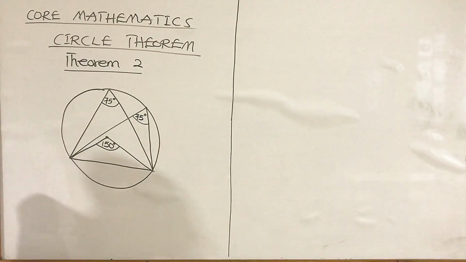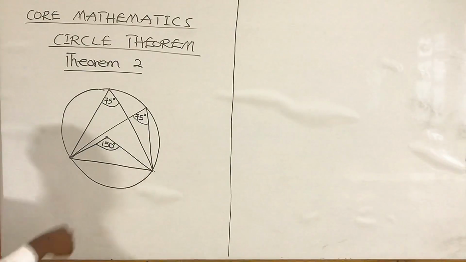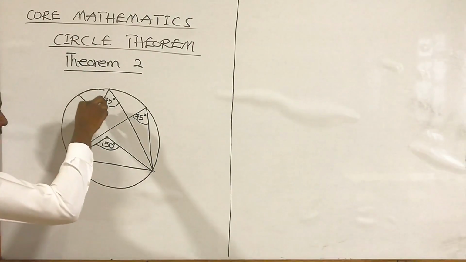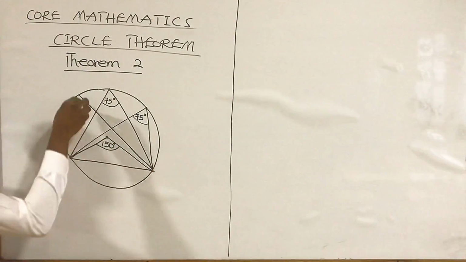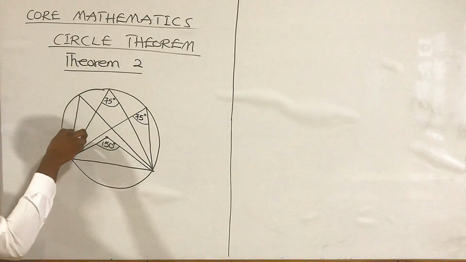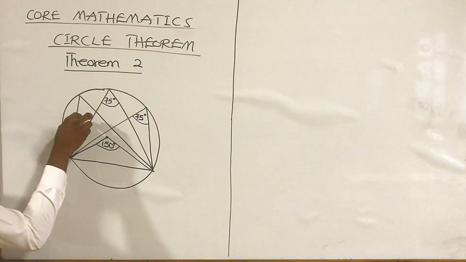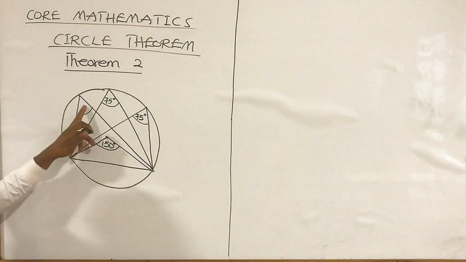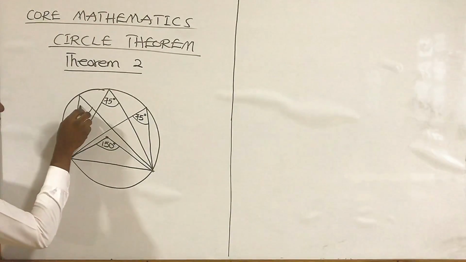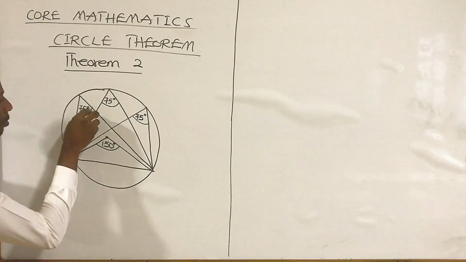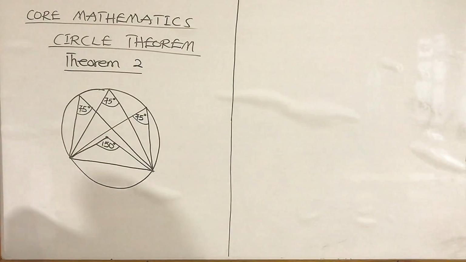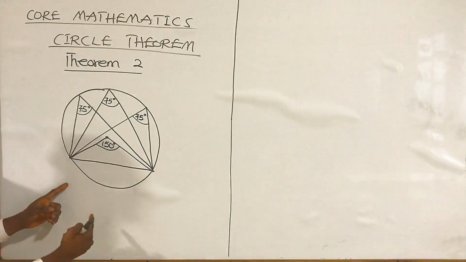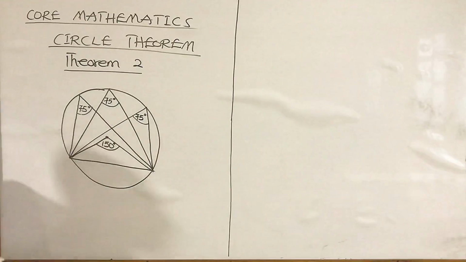Again, when I have a chord here and another chord here, and I ask of the angle, this angle will also be 75 degrees. The reason is that these three angles are coming from a common chord.